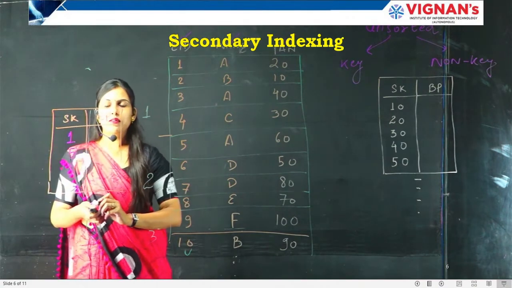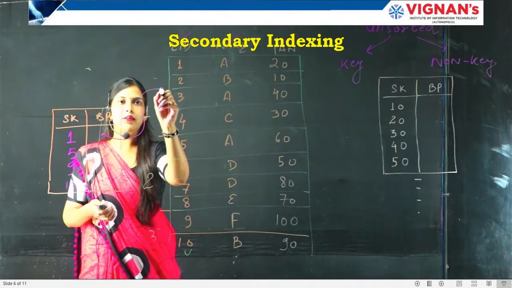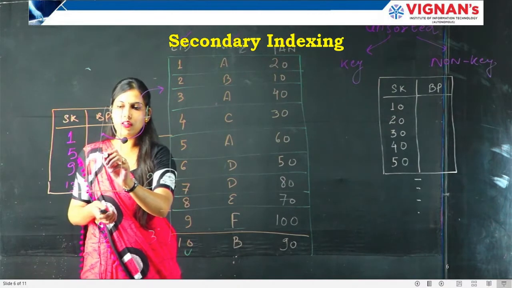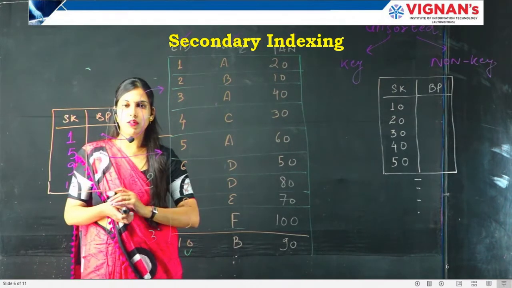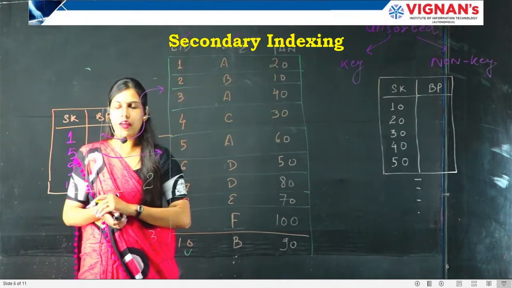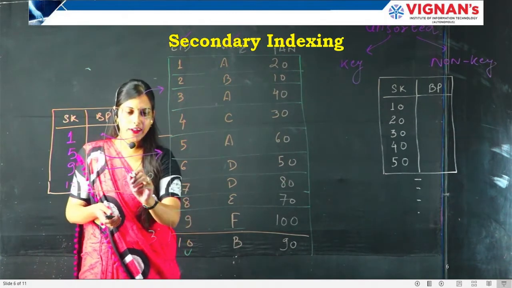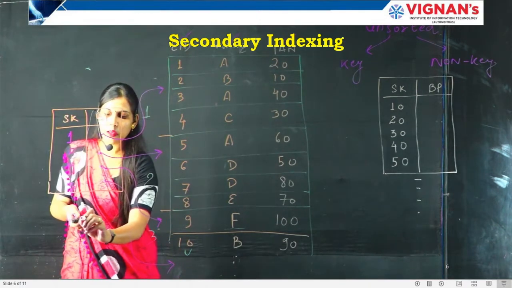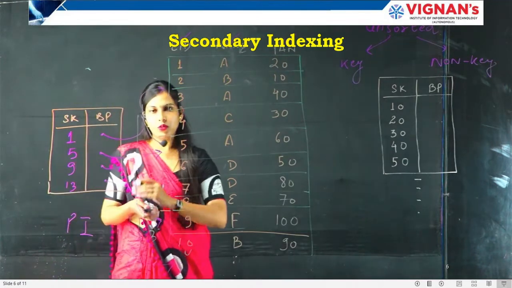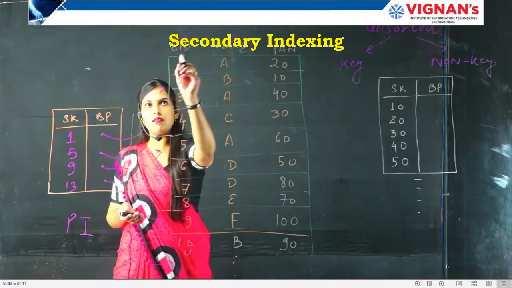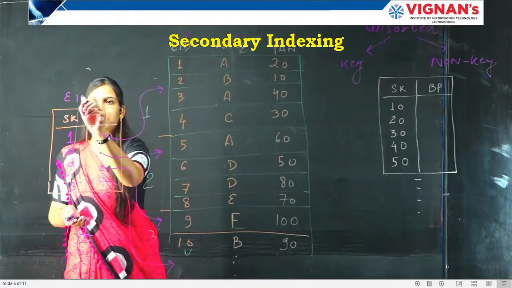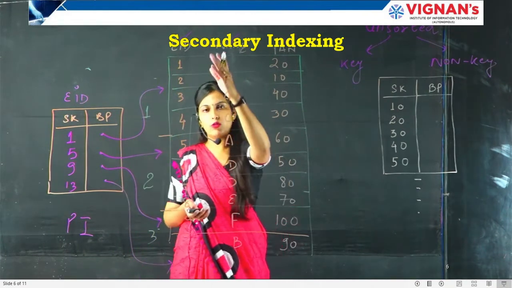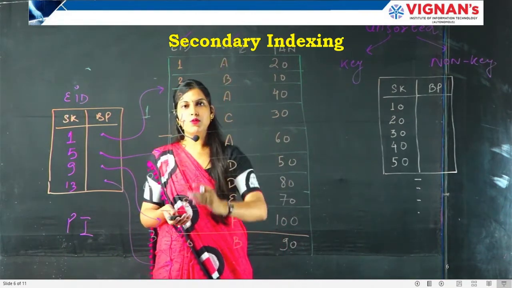The block pointer with search key 1 will point towards the first block, the block pointer with search key 5 will point to the second block, and the block pointer with search key 9 will point to the third block, and so on. This is my primary index file, which we are already using, and the search key is employee ID, because employee ID is the primary key for that table. So it will have sorted values, and also unique values.